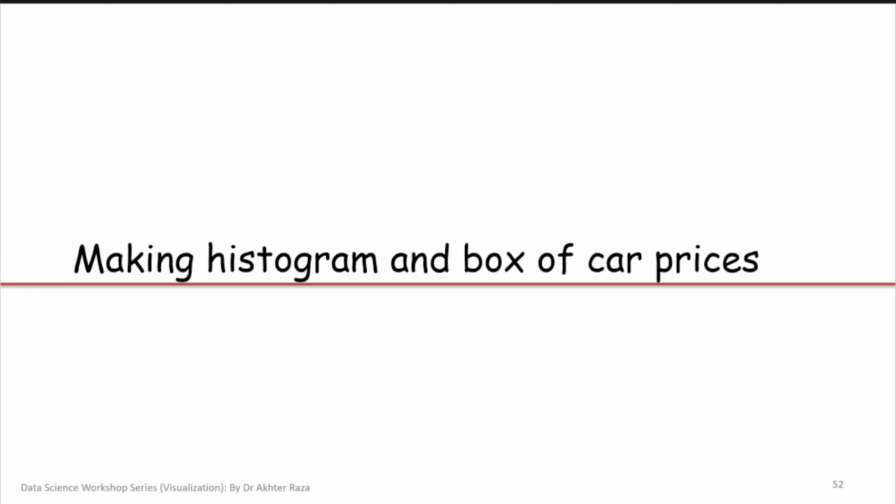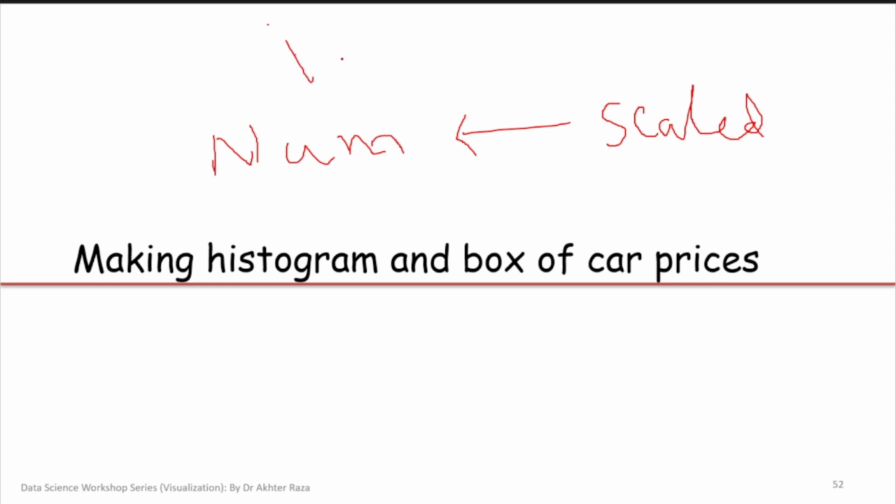But if we have a quantitative variable, a scaled variable, meaning a numeric variable, num or int, it may be int in R, integer, for the numeric variable we can create the histogram or the box plot.